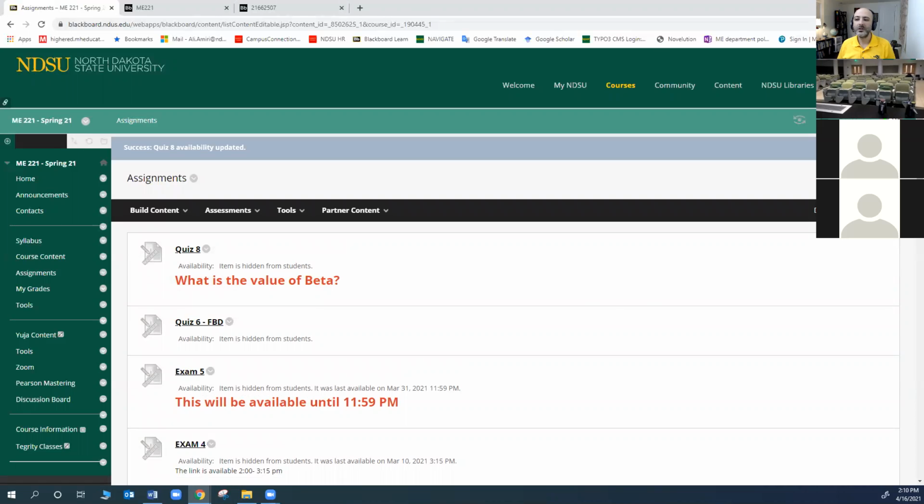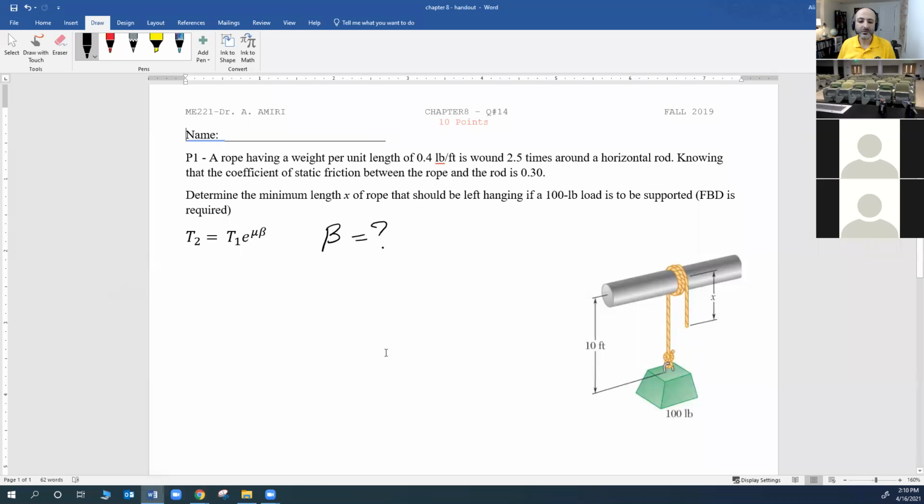Okay, so now let's look at the solution and figure out how to solve it. First of all, what is beta? We know mu is the coefficient of static friction, right? So this is the coefficient of friction. Well, what is beta?